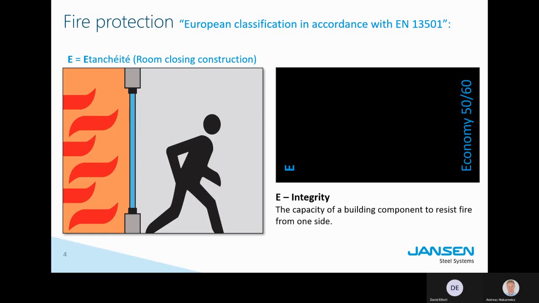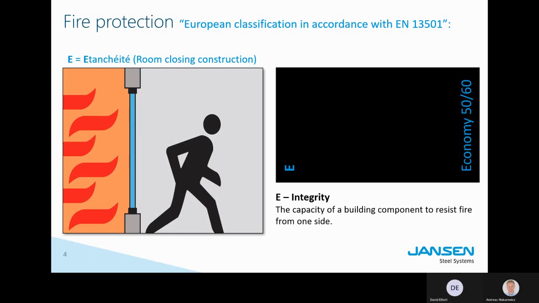We have basically two main fire protection classes in the world, with some classes in between. The first one is E, the integrity class, which comes from the French étanchéité, meaning room closing, room tightness.